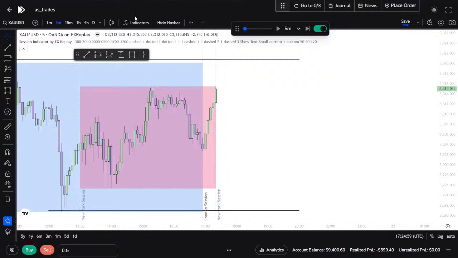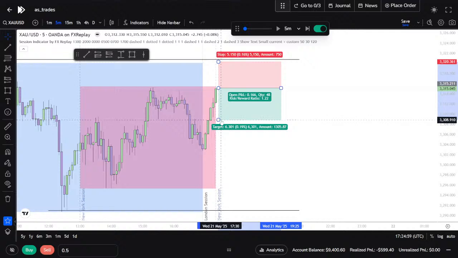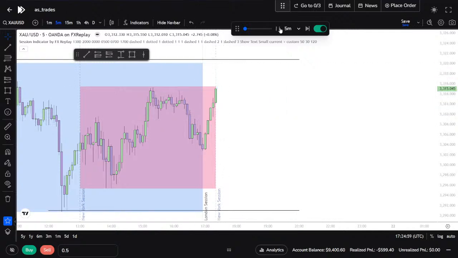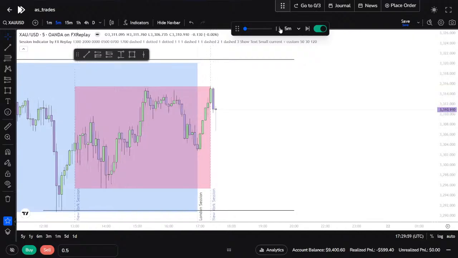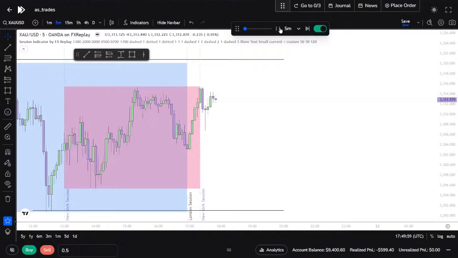Now, if you really wanted to force a trade here, you could short that and maybe here, 6 pips. Could have done that. Yeah, that would have been an easy trade to do.